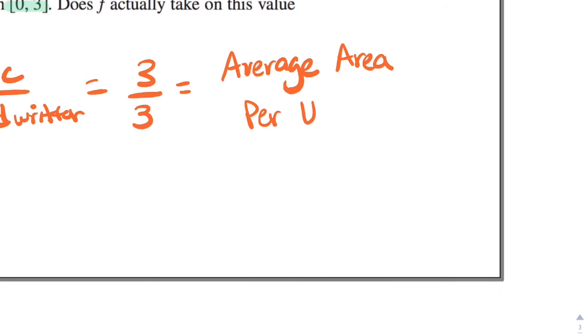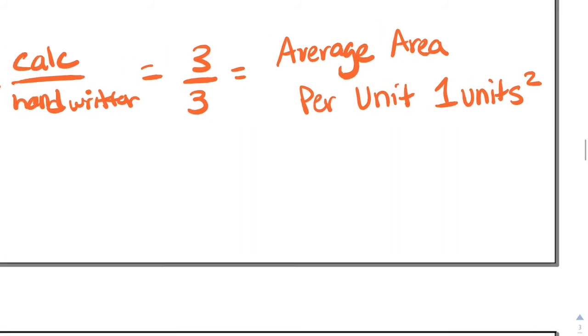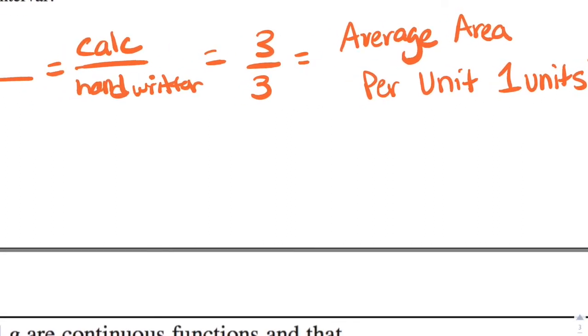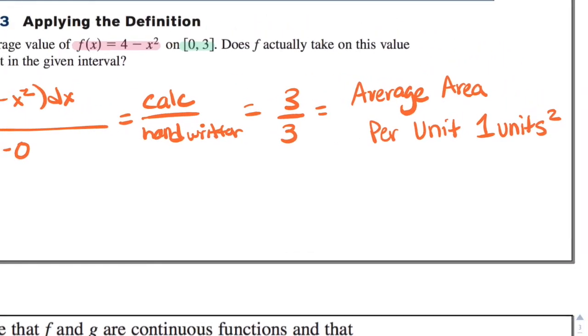Average area per unit is 1 unit squared. All right, so 1 unit squared.